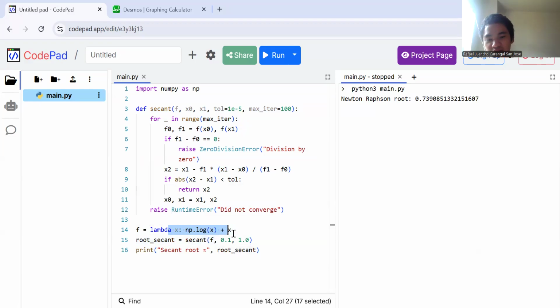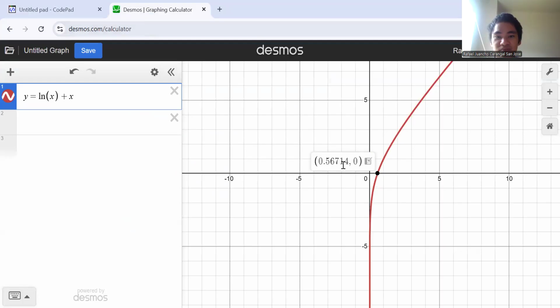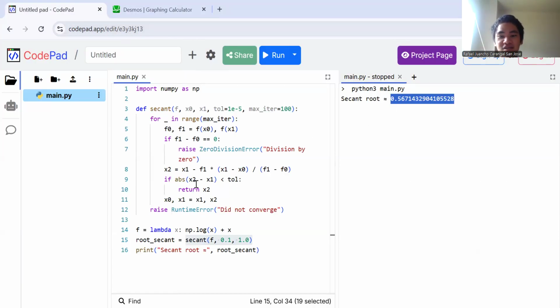So we do ln of x plus x. For the secant method, we have this info: x naught is 0.1, and x1 is 1. And then we have a root from the secant method. So if we run this, we should get, there we go, 0.56714 and so on, which is this one. But that's a more precise way of getting it, right?